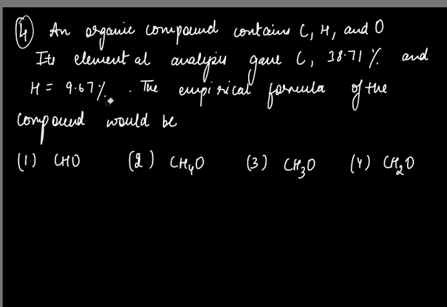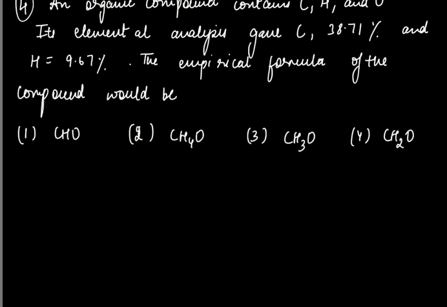So we will add these two and subtract from 100. So if you add 38.71 and 9.67, whatever value you get, subtracted from 100, you will get oxygen. Meanwhile, you can calculate the oxygen one also. So these are the options given.